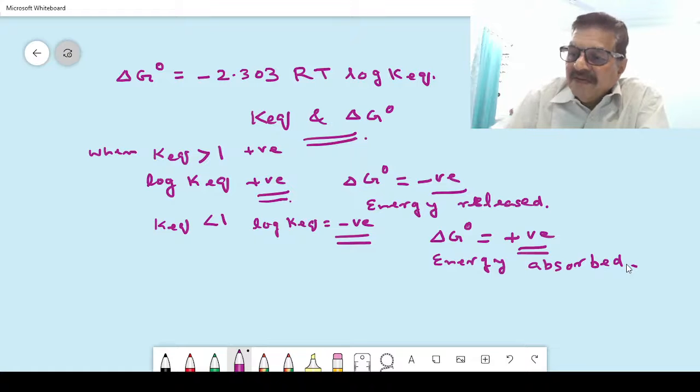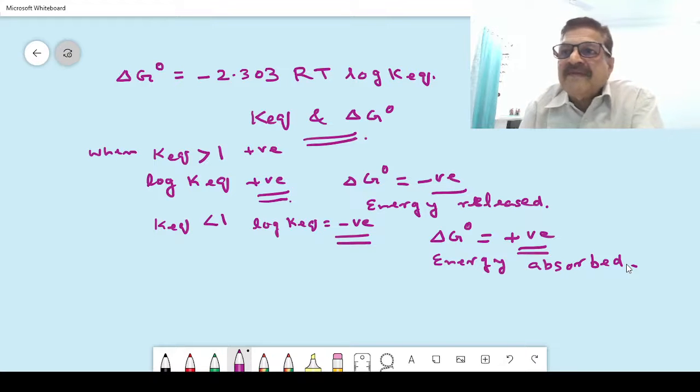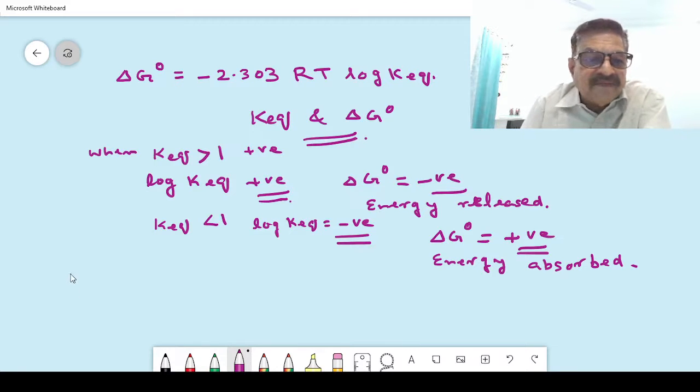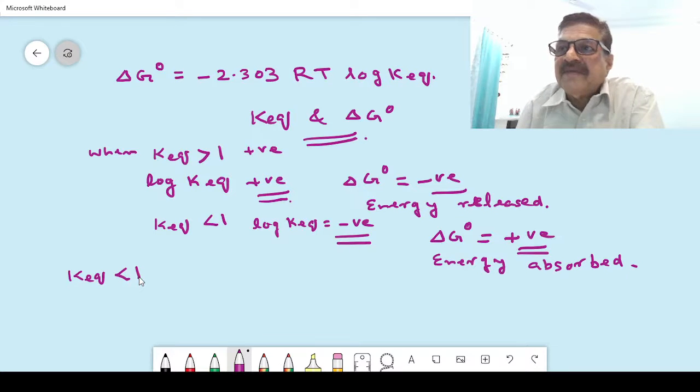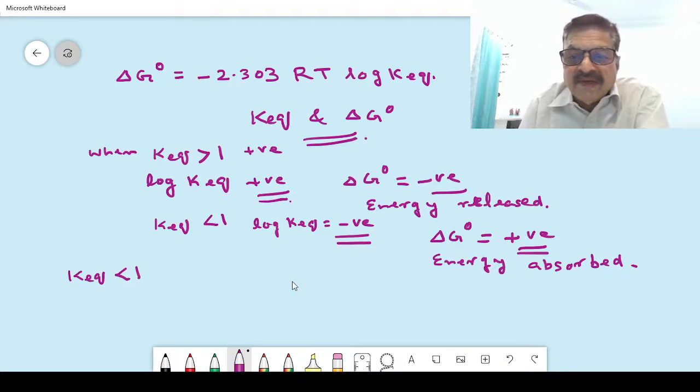Now, how will you summarize all these things? KEQ less than 1 means delta G is positive, that is, delta G is greater than 0.